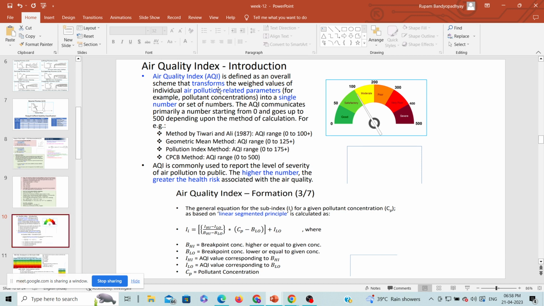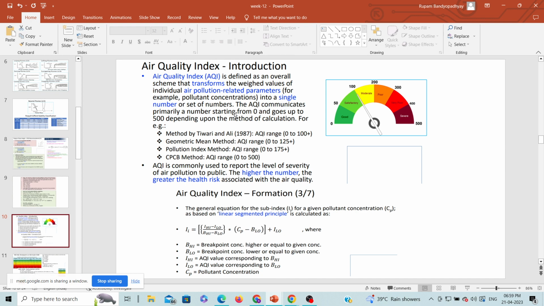Air quality index is defined as an overall scheme that transforms the weighted values of individual air pollution related parameters, for example different concentrations, into a single number or set of numbers. So for a certain concentration you get a certain number. That is the air quality index.